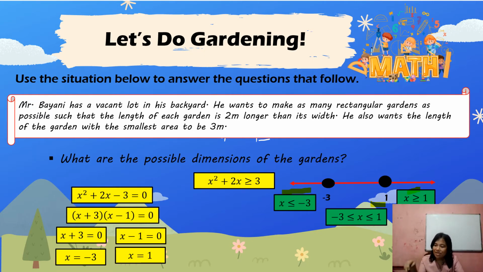For the interval x less than or equal to negative 3, next to negative 3 is negative 4. So use that value and substitute it here. Let me change my color. Substitute x with negative 4.